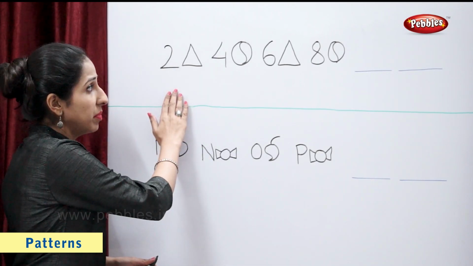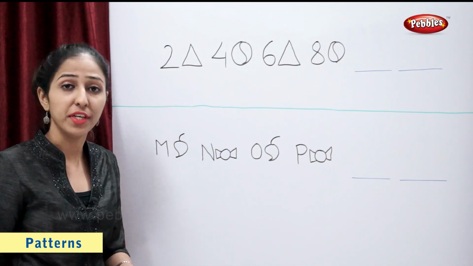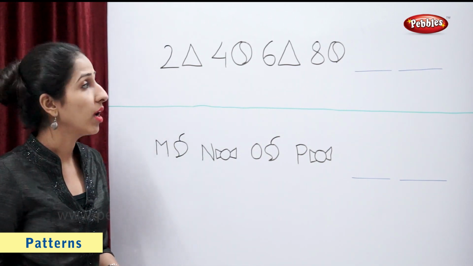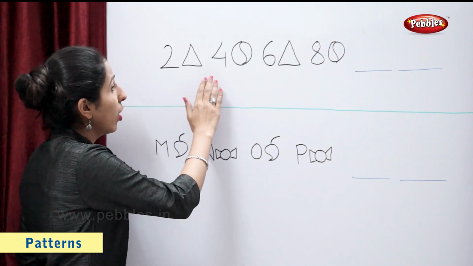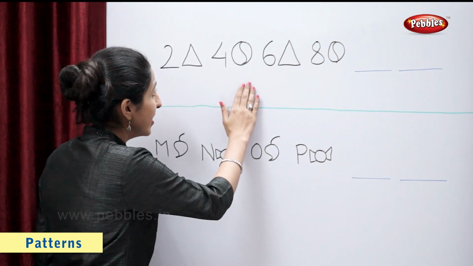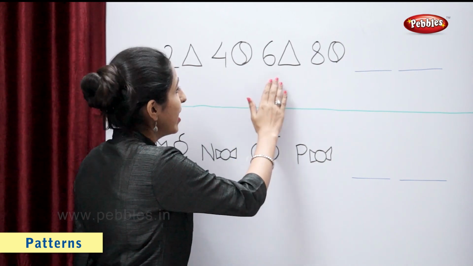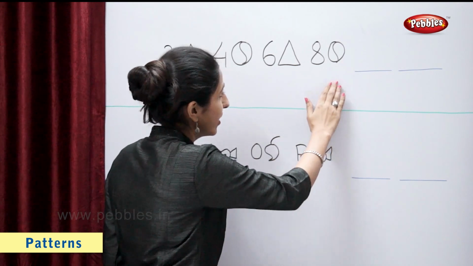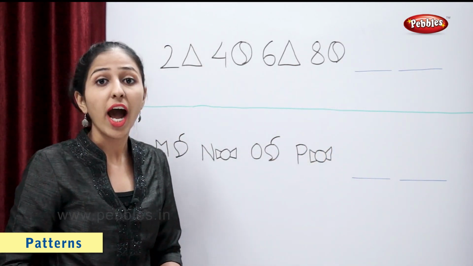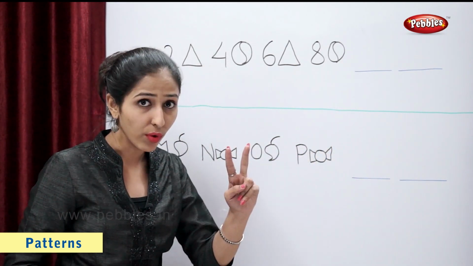The first example is a combination of numbers and shapes. We have 2 triangle, 4 ball, 6 triangle, 8 ball. The numbers are with difference of 2.